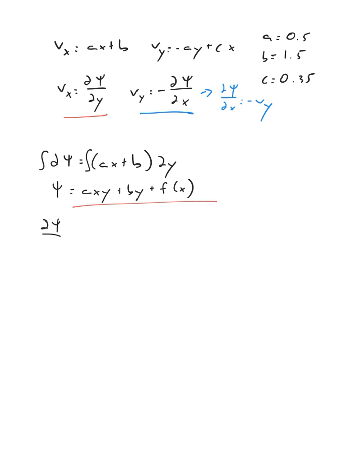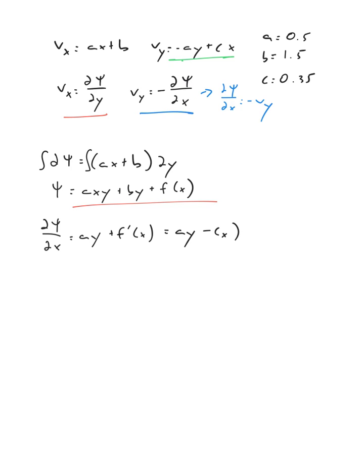So d psi dx is equal to ay plus f prime x. By went away because it's a constant with respect to x. And this is equal to negative vy, which in this case will be, here's vy, so negative vy is ay minus cx.